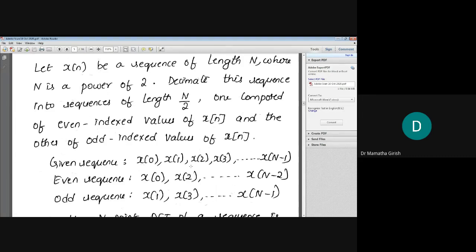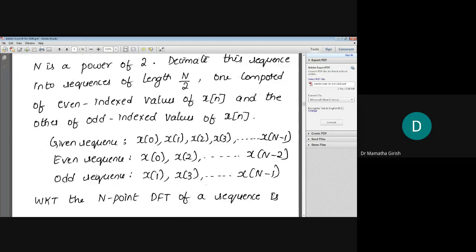The first line represents the given sequence, indexed from 0 till N minus 1. This sequence is split into two sequences, one for even indexing and the other for odd indexing. For the even indexed sequence, the indexing will start from 0, 2, 4 and so on, till where?